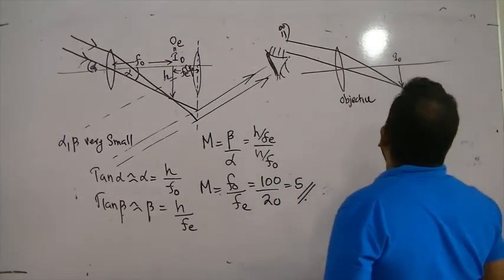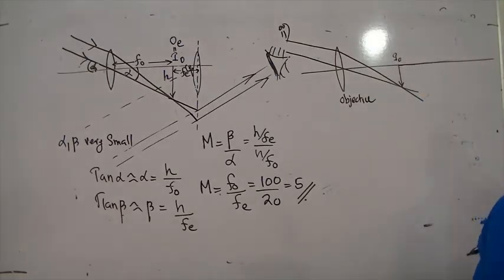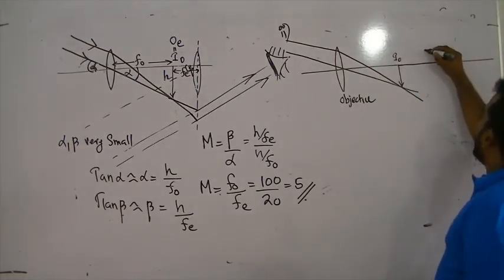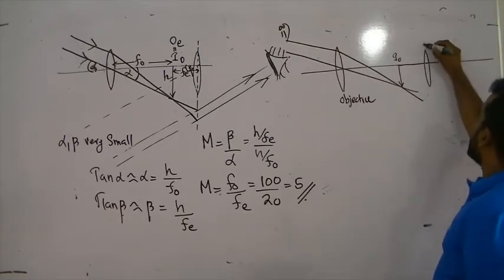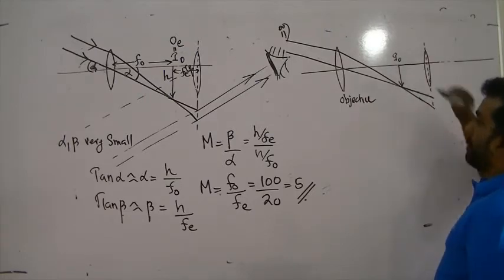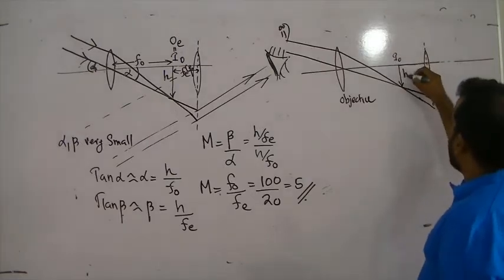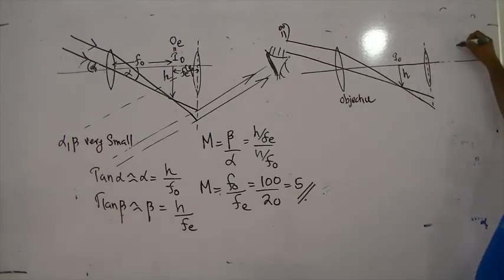Image of objective lens. Then what? I place another lens there, such that nothing happens to this size. If you change this size of the problem, nothing happens to this size. But it will be opposite, it will be upright.